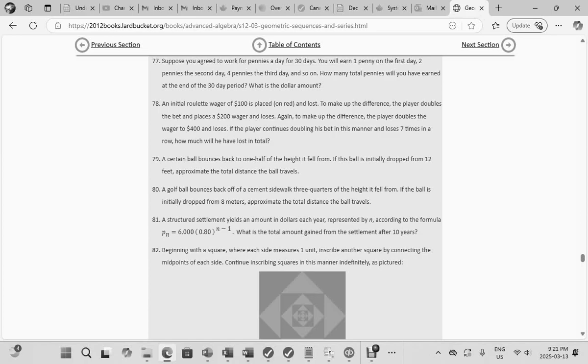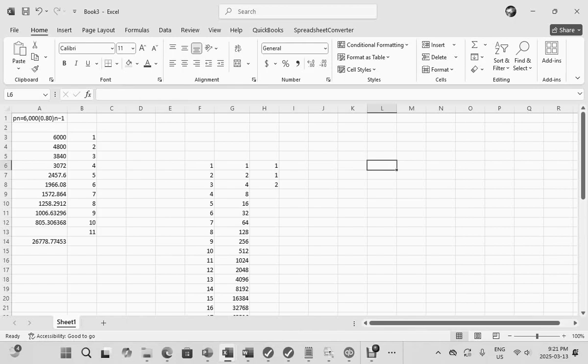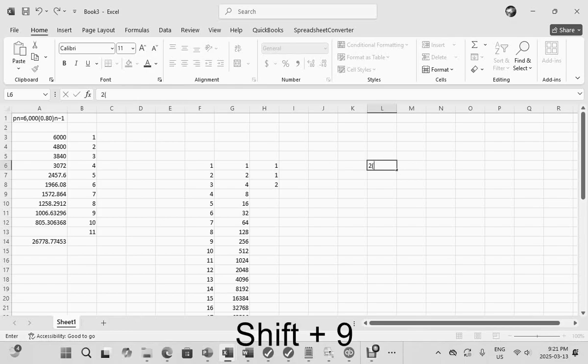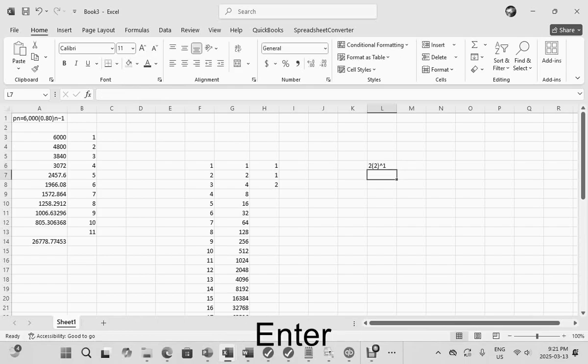So for example, you have 2 as your base times 2 raised to 1. That's an example of what I was talking about earlier.